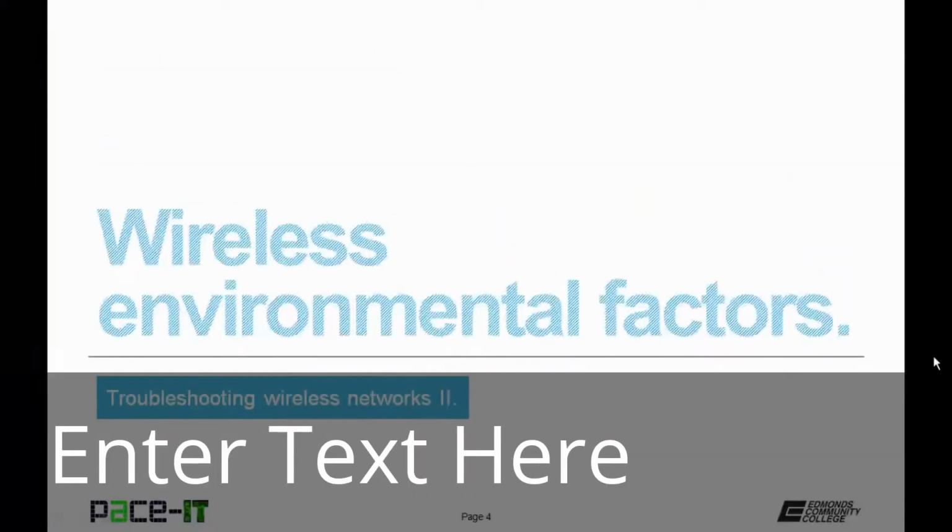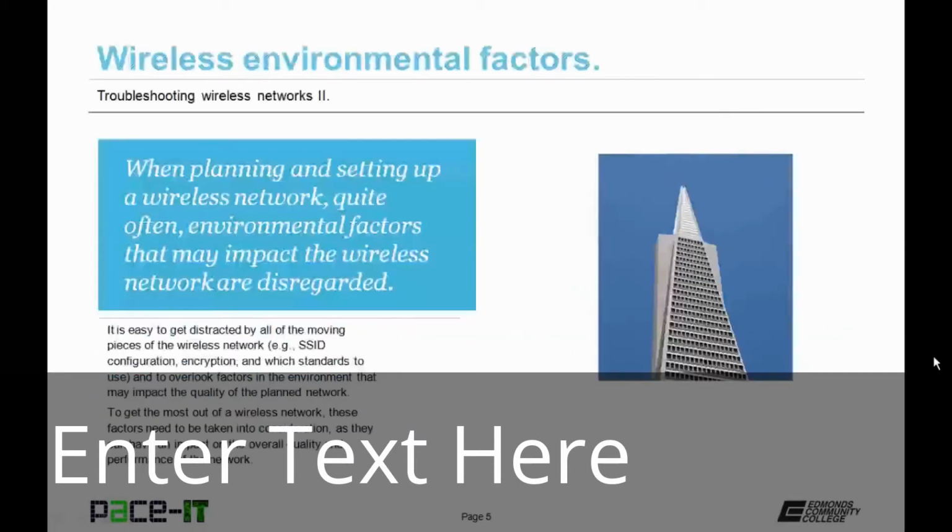Going to begin by talking about wireless environmental factors. When planning and setting up a wireless network, quite often environmental factors that may impact the wireless network are disregarded. It is easy to get distracted by all the moving pieces of the wireless network, as in the SSID configuration, encryption, and which standards to use.